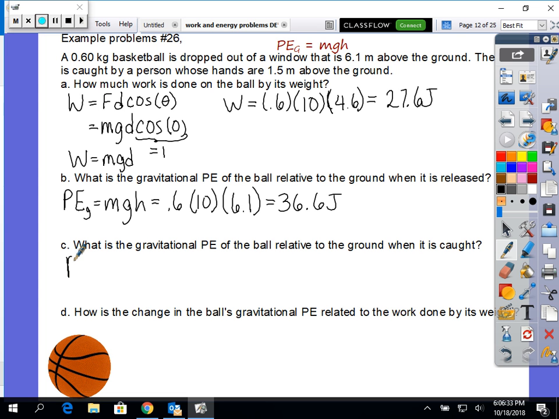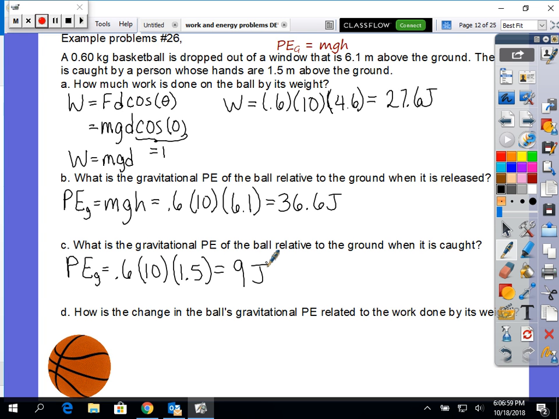Now find the potential energy when it's caught. Still 0.6 kilograms, still 10 meters per second squared. When it's caught, it's at 1.5 meters. So this gives us a 9 joule potential energy.